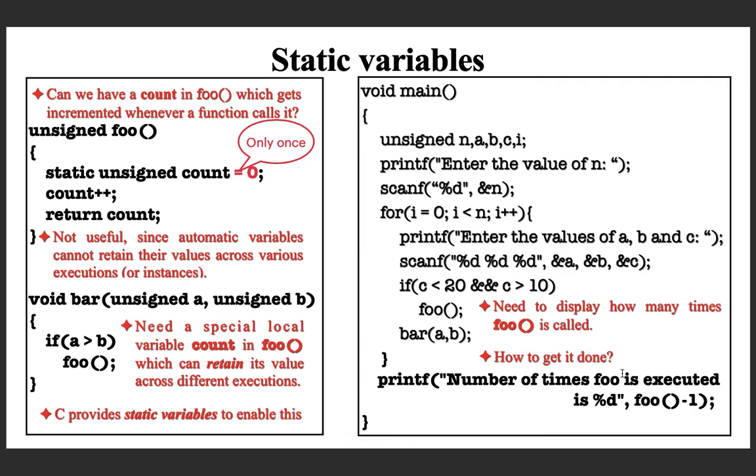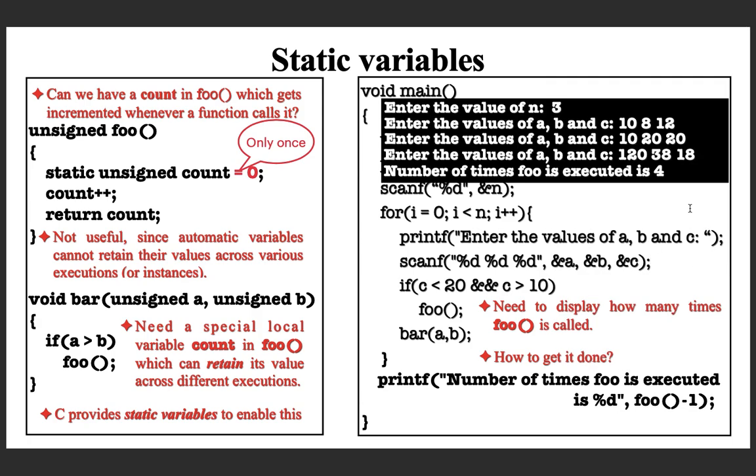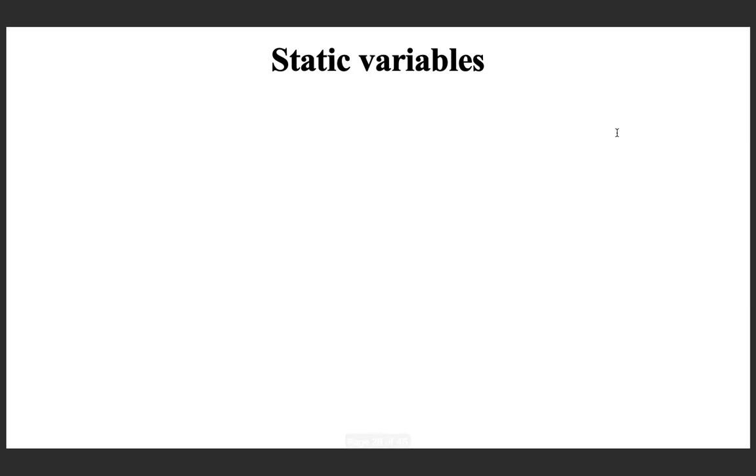And if you execute with these example values, you can just observe what you are getting. In this case, you are getting the correct value, and I am leaving that as a homework exercise for you to just type it and execute it and see whether you are getting the expected value as output or not. Okay, so now we have seen an example application for static variables.